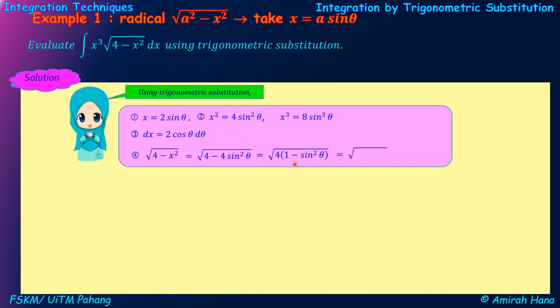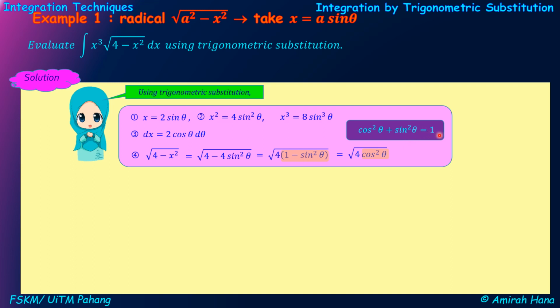Right? And then from here, we can write 1 minus sin squared theta equals cos squared theta. Why do we get this? From the first trigo identity, we have cos squared theta plus sin squared theta equals 1.